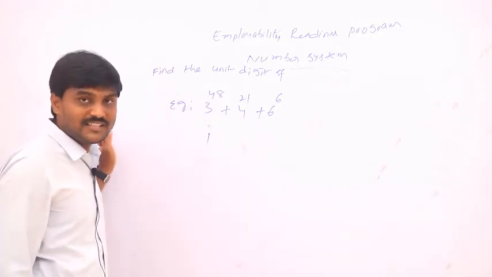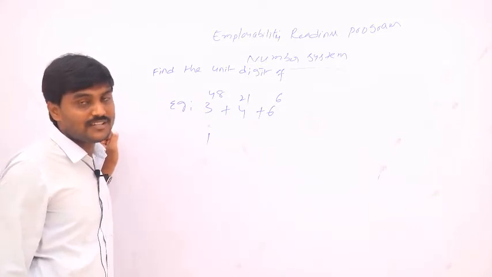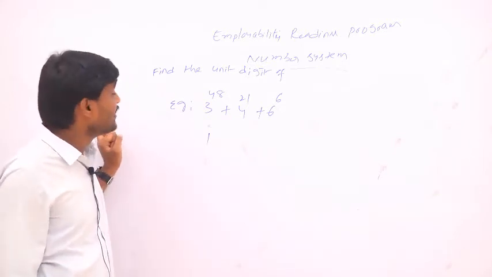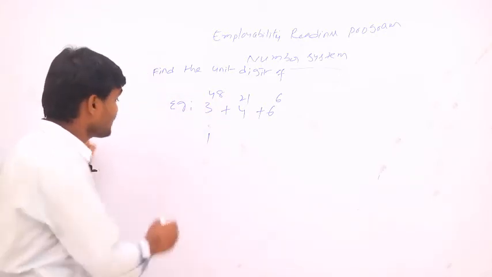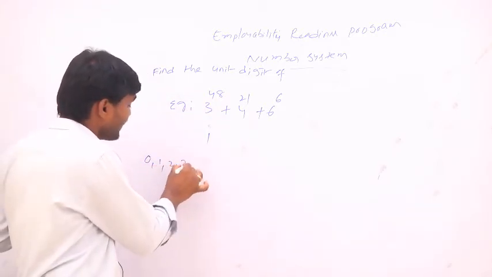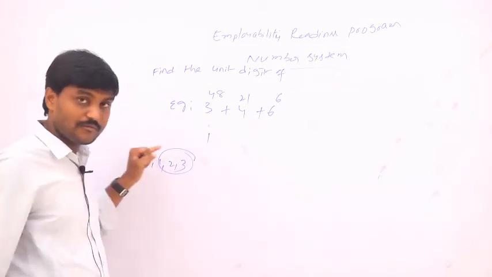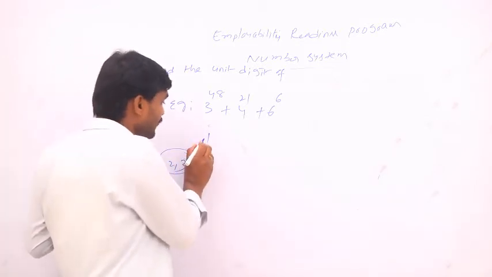So 3 power 1 is 3, 3 square is 9, 3 cube is 27, 3 power 4 is 81. For any number divisible by 4, the remainder possibilities are 0, 1, 2, 3, so these numbers are no problem. If you want 0, you can take 3 power 4.